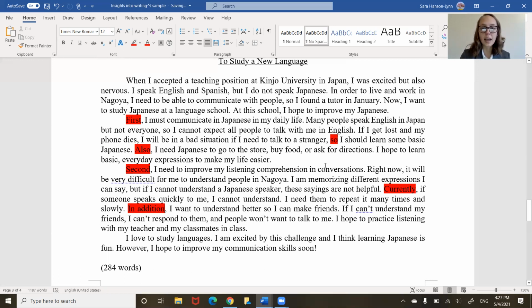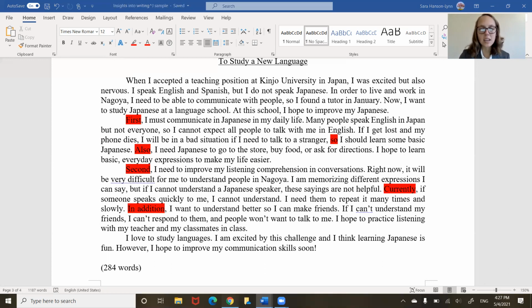So you can see I have some different ones, but I do have second. I want you to have at least 4 transition words in your paragraphs, and you cannot use second or third or fourth. First is okay, but you cannot use second or third. So if you have second or third, you need to change it.